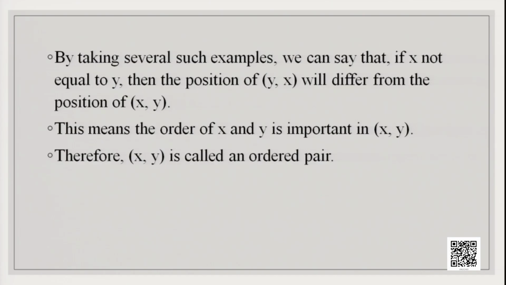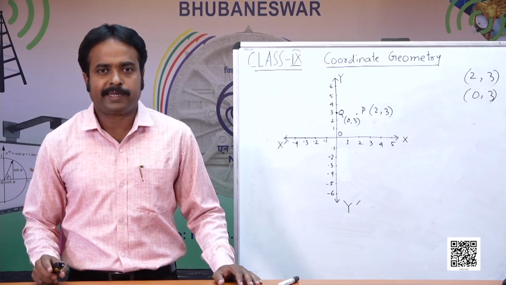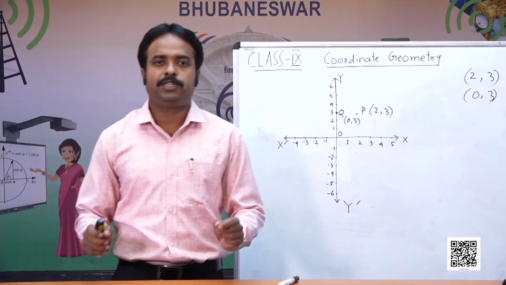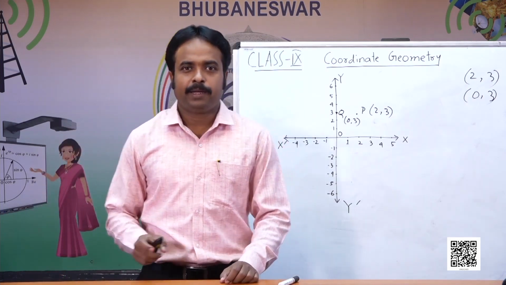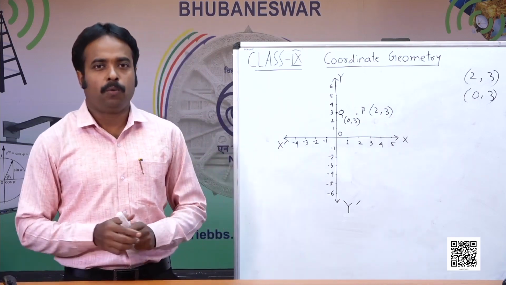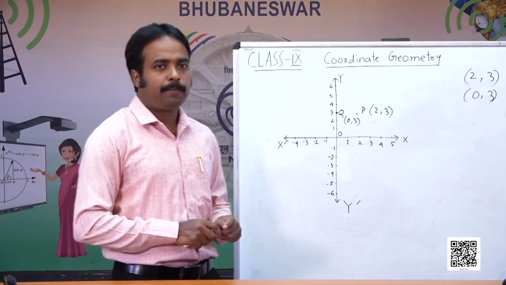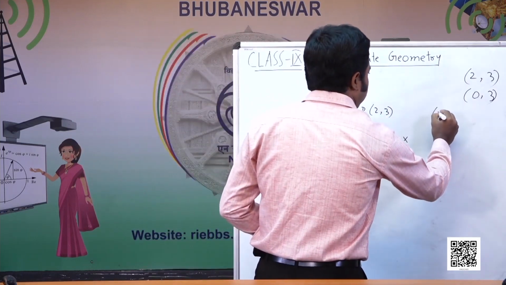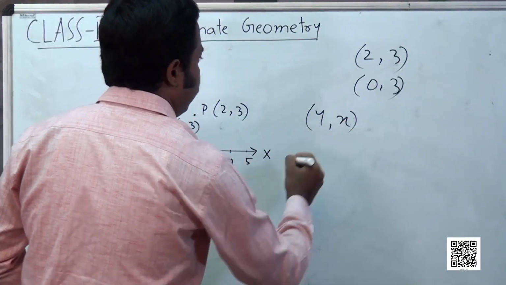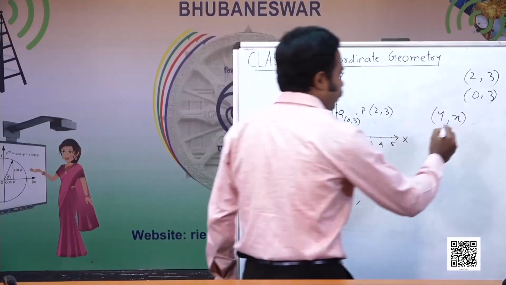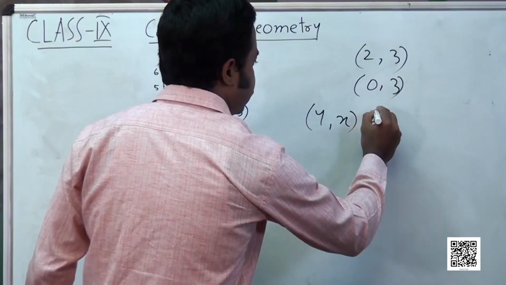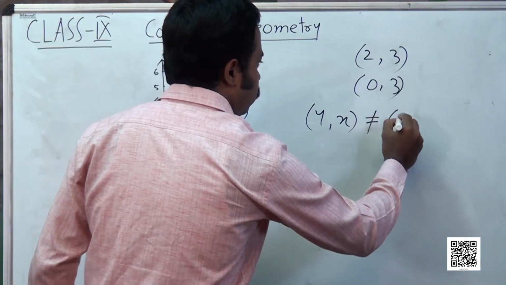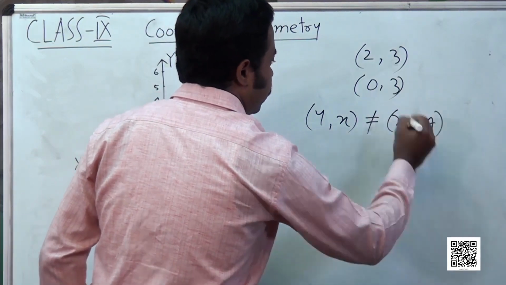So in this way, by taking several such examples, we can say that if x is not equal to y, then the position of (y, x) will differ from the position of (x, y). So if y is different from x, then (y, x) is not equal to (x, y).